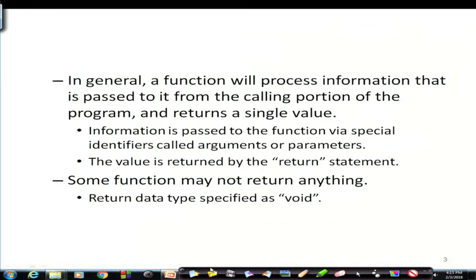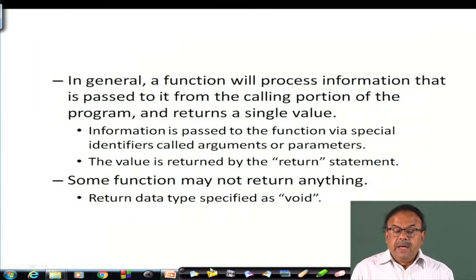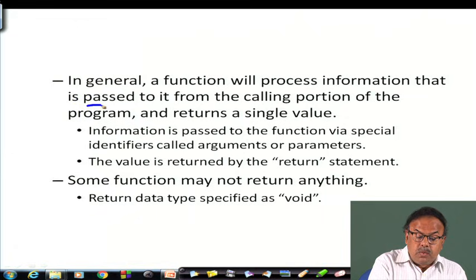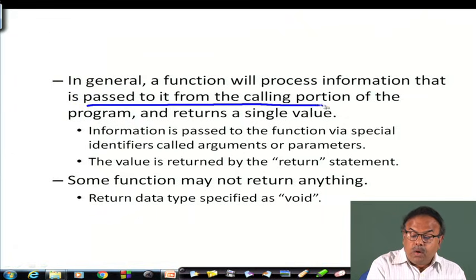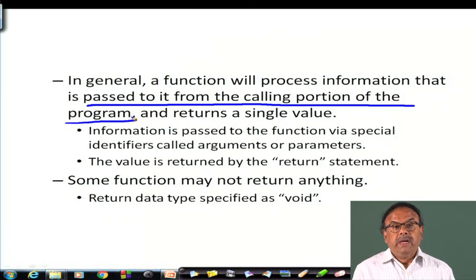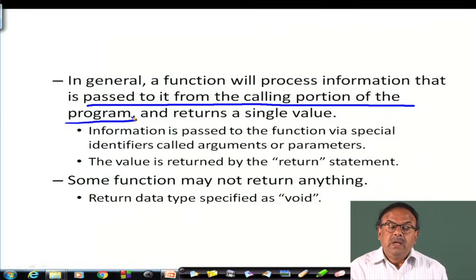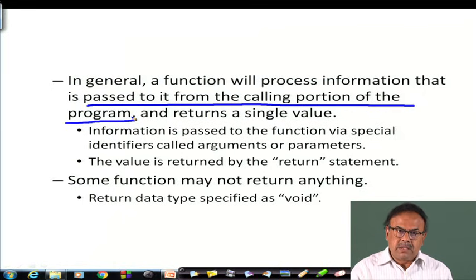In general, a function will process information that is passed to it from the calling portion of the program, from where it has been called or invoked, and then the function will take the data, that is, if some data is to be passed, it will be passed to it from the calling part and it will return a single value.